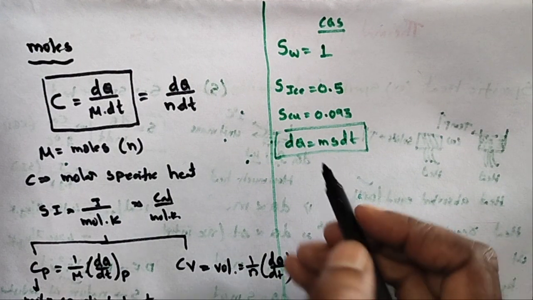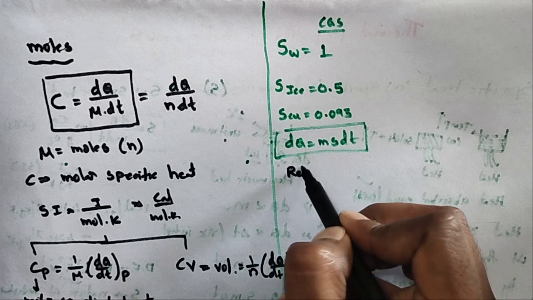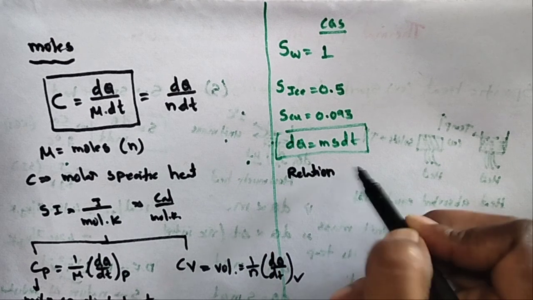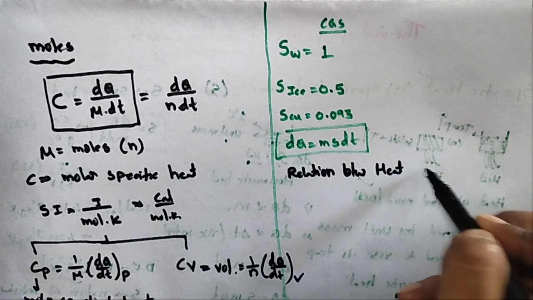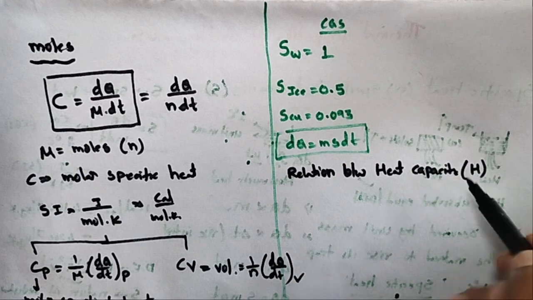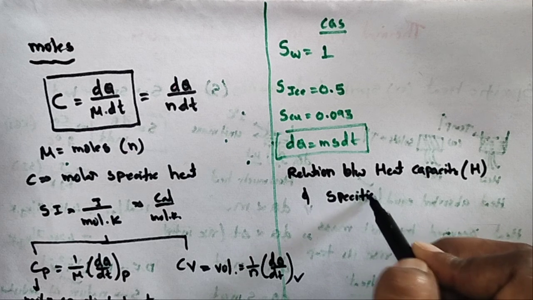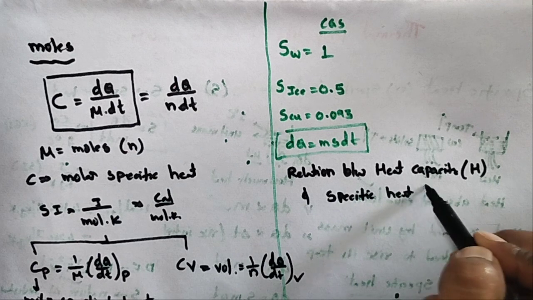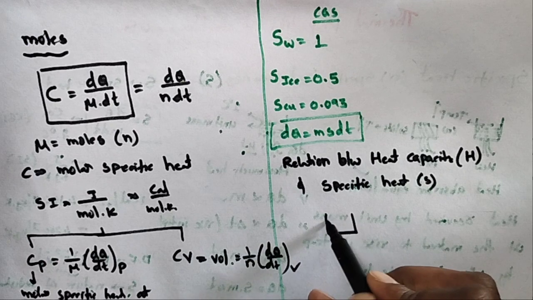Second, the relation between heat capacity and specific heat. Heat capacity is the capital H symbol. Here one object is there.